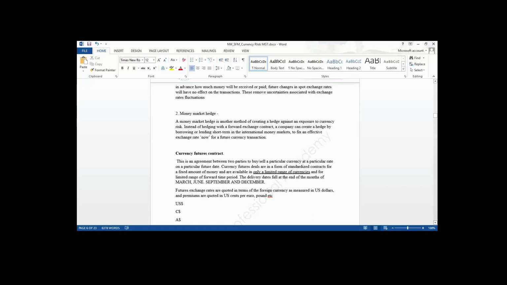that future payment to my company is a foreign liability. For me to hedge, I will now create a foreign asset. When we say create a foreign asset, I'm going to place an investment in foreign currency now. I want to pay my supplier in China $50 million US in 6 months' time, and I'm trying to protect myself against exchange rate fluctuation.